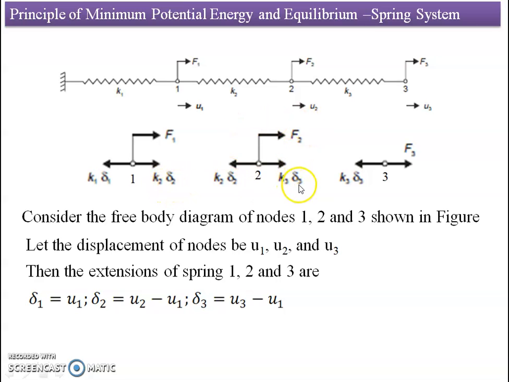Similarly, for the equilibrium equation of node 2, we get K2 delta 2, the force attracted by the spring with spring constant K2, and K3 delta 3, the force attracted by the spring with spring constant K3. And similarly at node 3 we will have one force component acting here, K3 delta 3, and the external force acting here is F3.